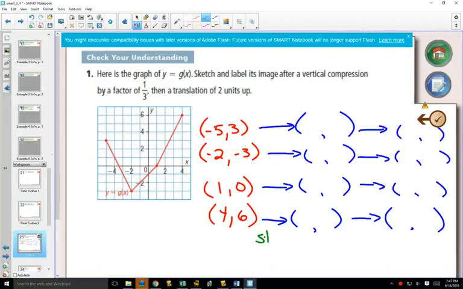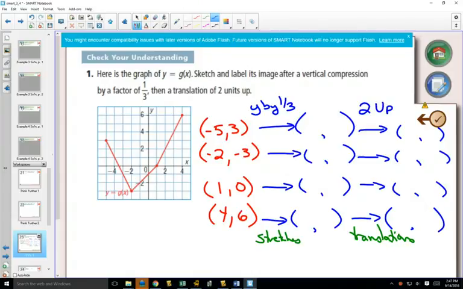So remember, we'll do our stretches first, and then our translations. Do we have stretches, compressions? Yes. We need to multiply y by 1/3, and then we need to go 2 up.